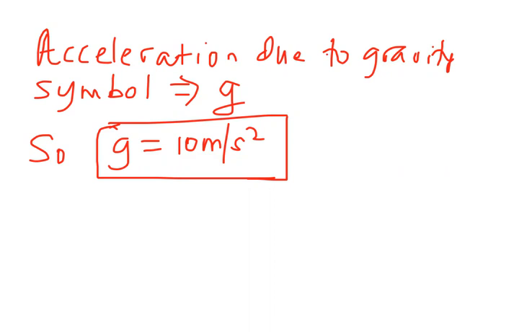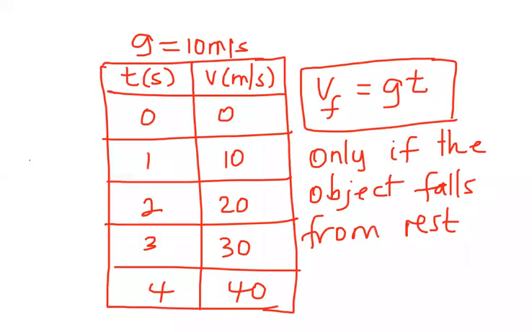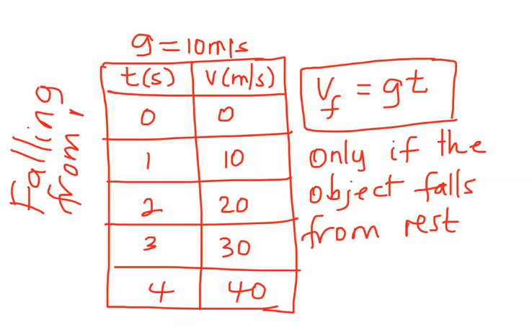Okay. Now let's think about what happens when objects are falling freely from rest. So I'm thinking about initially when time is 0, the velocity will be 0 because I'm falling from rest.